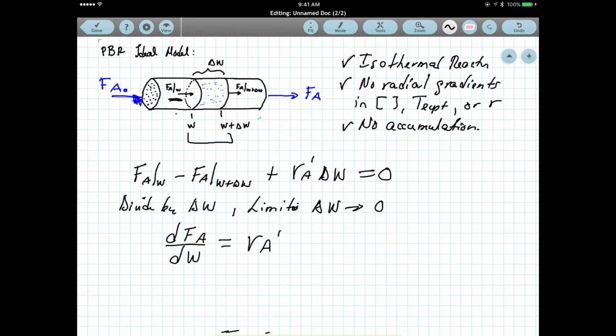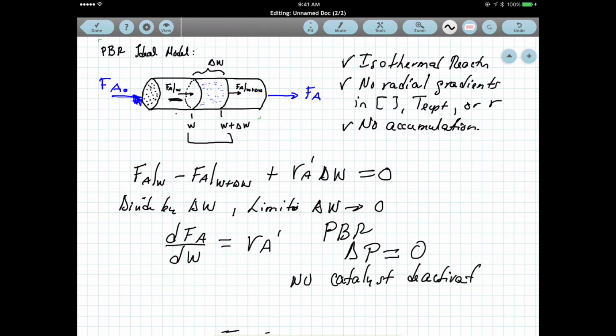Another big assumption for the ideal model for PBRs is that there's no pressure drop, okay? And the other thing that we are assuming is no catalyst deactivation.